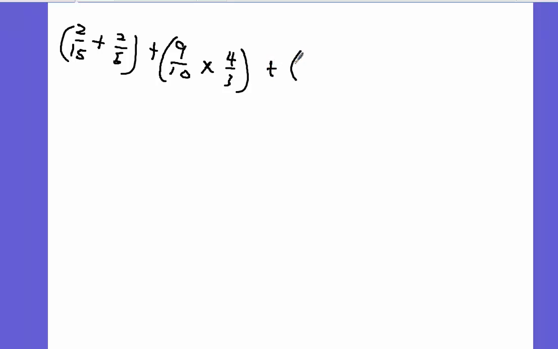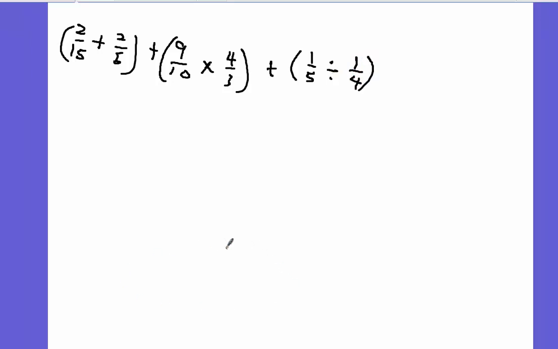plus 2 out of 5, then plus 9 out of 10 times 4 out of 3, plus another bracket 1 out of 5 divided by 1 out of 4, as in our question.